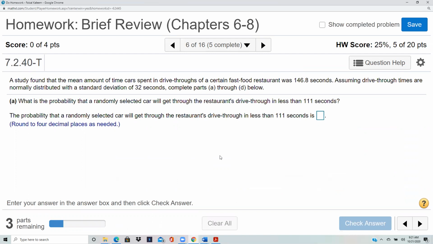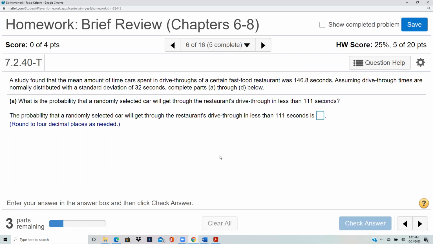Okay, what's the probability that a randomly selected car will get through the drive-through in less than 111 seconds? So what do we do? We'll put it in Statcrunch.